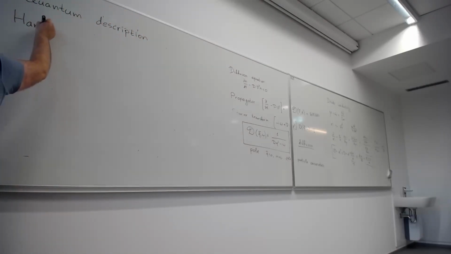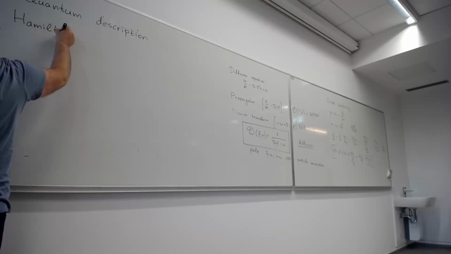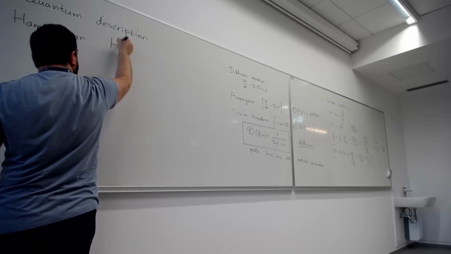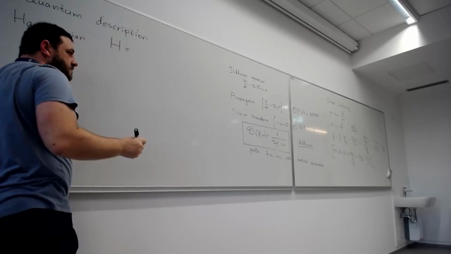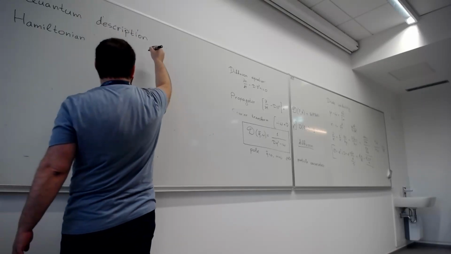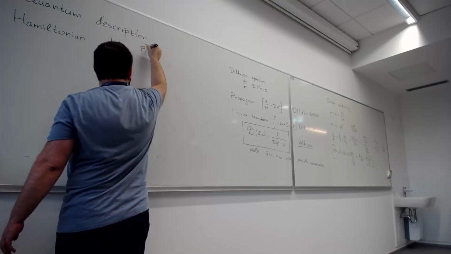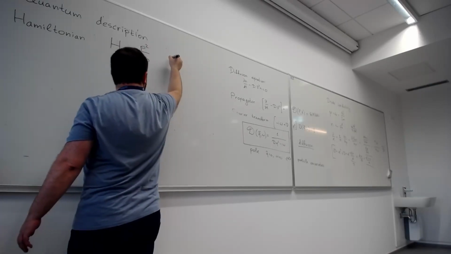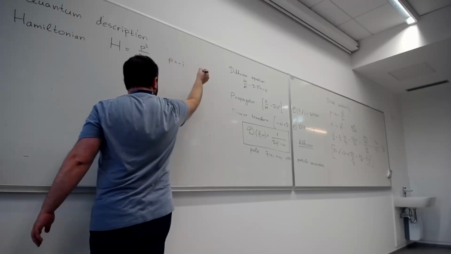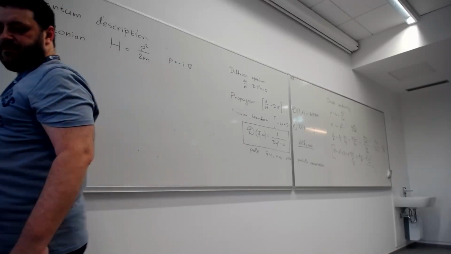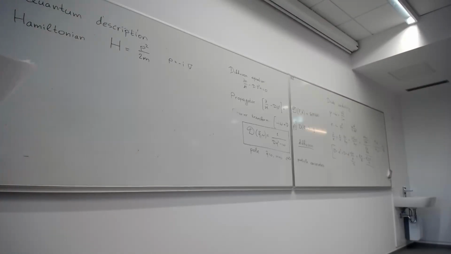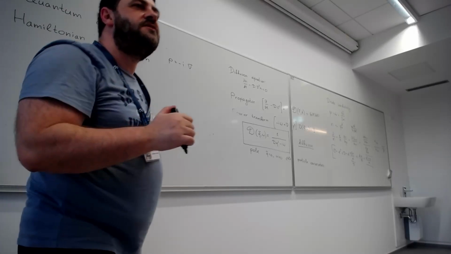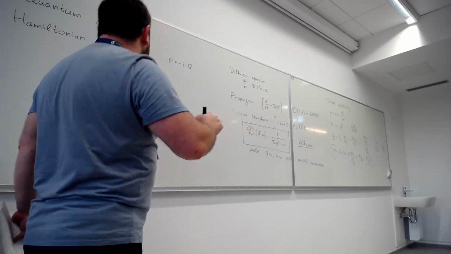The system is now described with a Hamiltonian. And the Hamiltonian H is an operator, which in the simplest case is the same p squared over 2m for free electrons, and p is the momentum operator. p is minus i h-bar nabla.